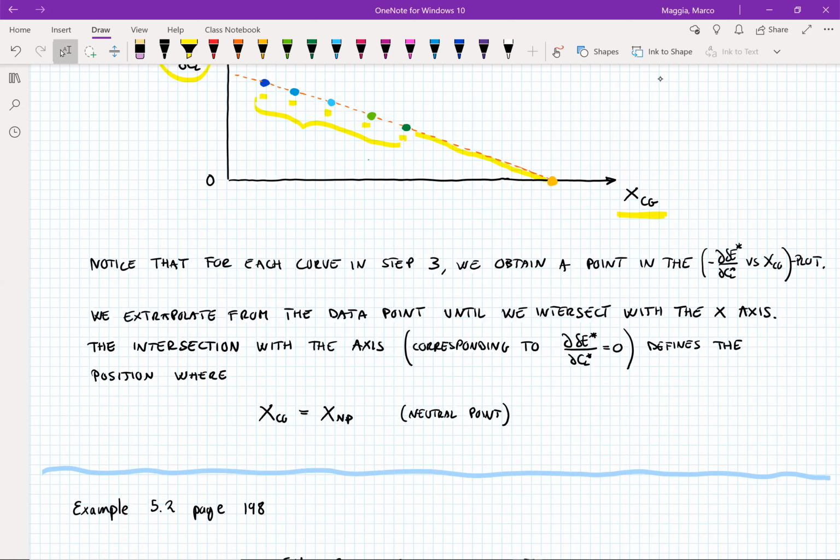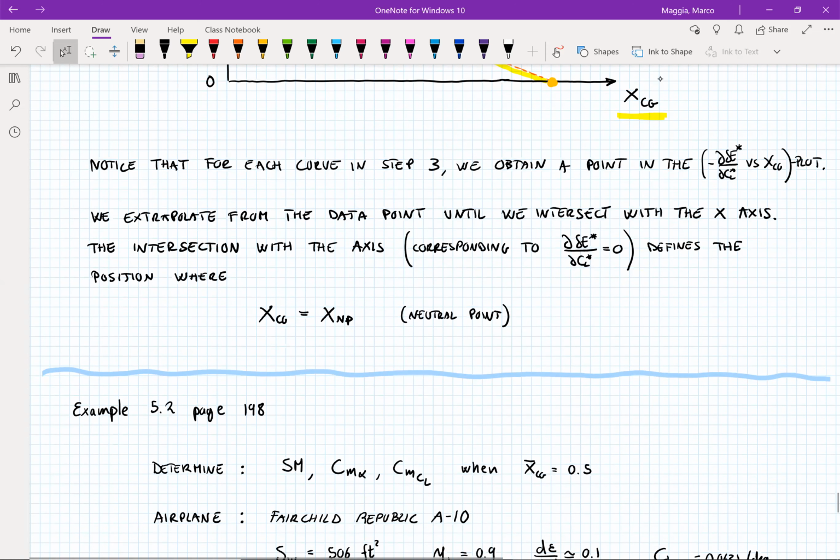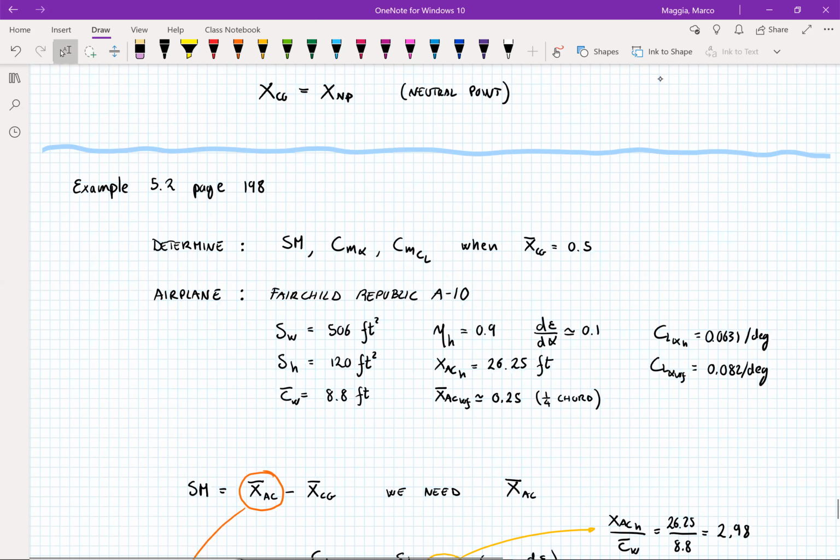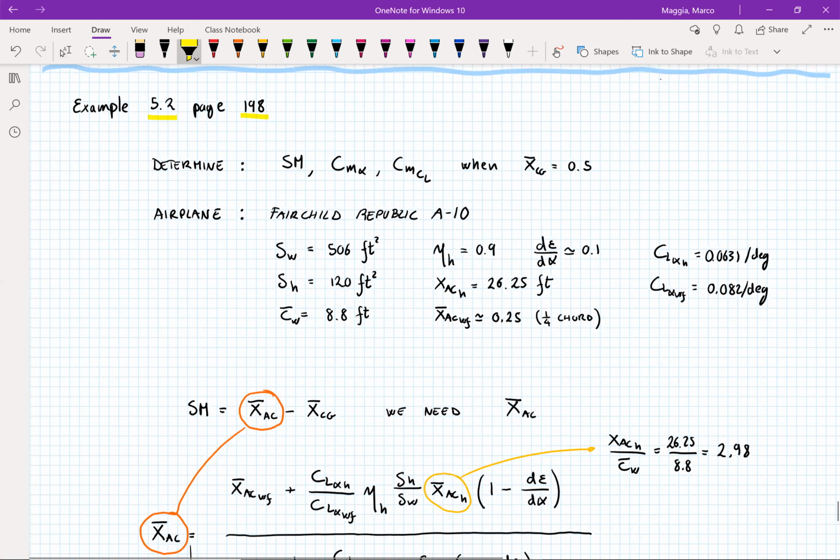Okay, so this is all in terms of theory, and I just want to go over a numerical example. So this is actually example 5.2 at page 198 of the latest handout that I posted.